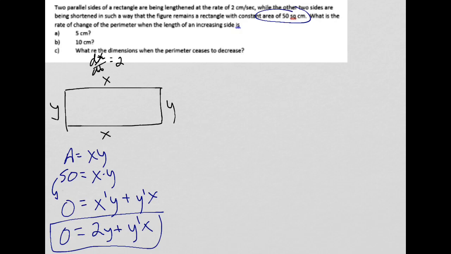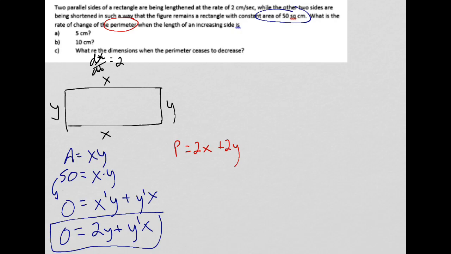So the next thing is they ask about the rate of change of the perimeter. So I know I'm going to have a dp/dt somewhere. The perimeter is 2x plus 2y. That would be all the way around.